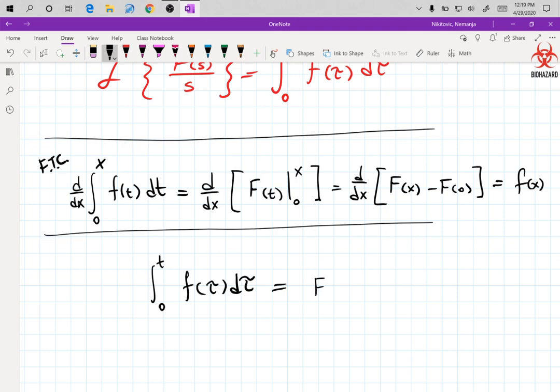Oh, now we're using f for Laplace, okay, I'll have to spell it out. Capital F of tau from 0 to t, and you get your F of t minus F of 0.